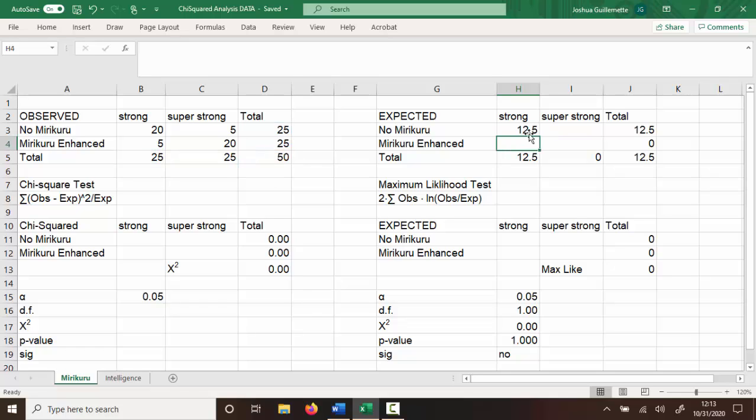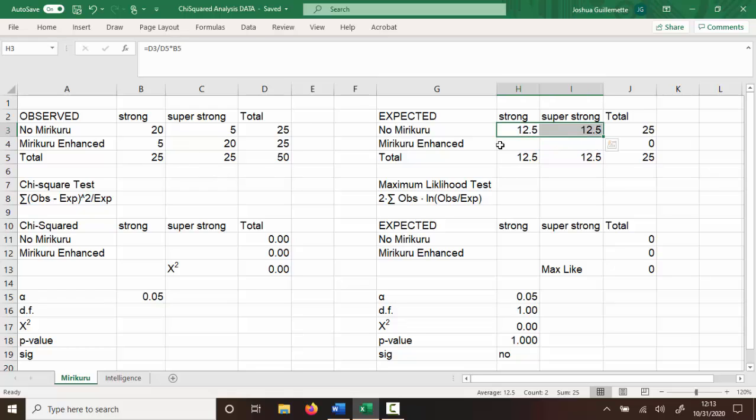Okay, so the proportion here is 12. All right, now for those that we expected to be super strong, again, what is the proportion of people who didn't take Mirakuru, and then what were the total number of people who ended up being strong? So this gives you a marginal value here that allows you to determine that.